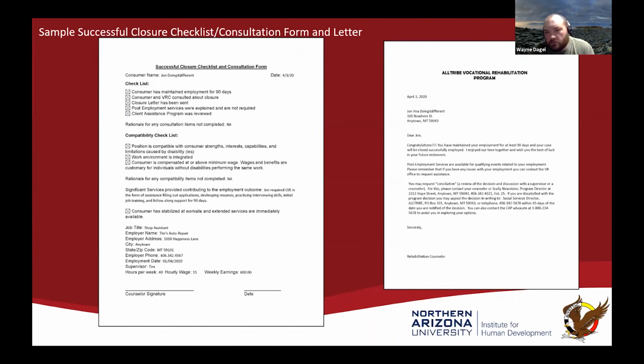And then the second document is the congratulations letter that I'm closing your case. And on there, we talk about post-employment services again. And then we also have a statement that talks about the due process and what that due process looks like and how you can call your CAP advocate if you need to.